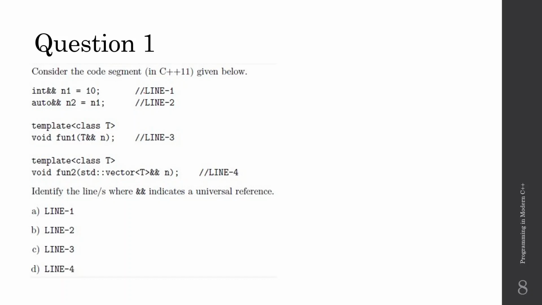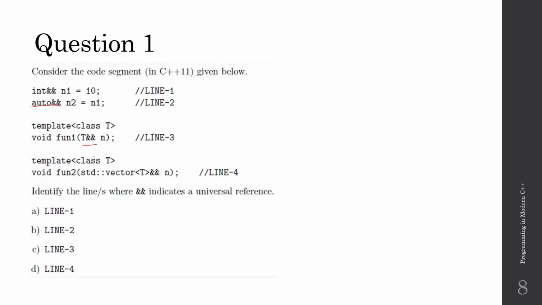So this question is about universal references. Universal references are these kinds of references where the data type is not specified. When we write auto ampersand, or when we write template T ampersand, these are universal references because they can bind to any data type.